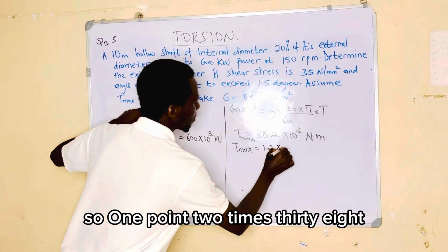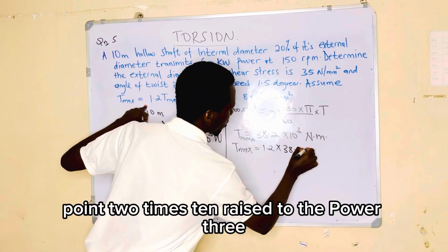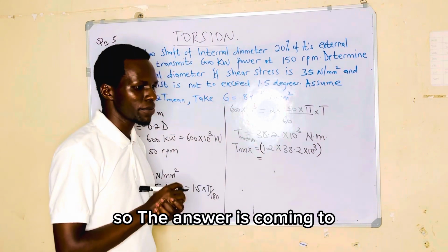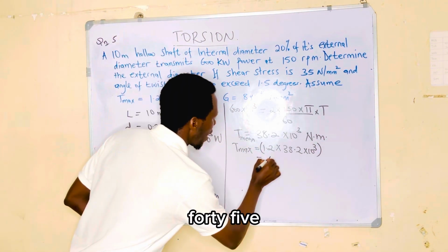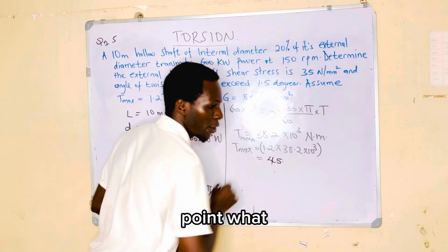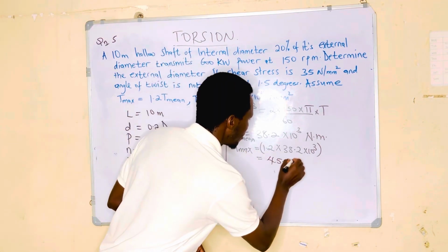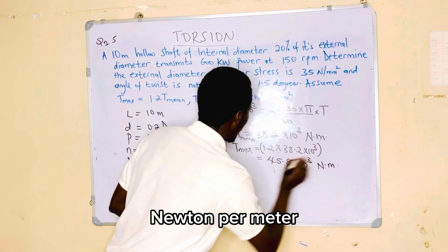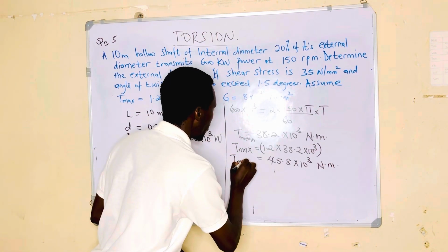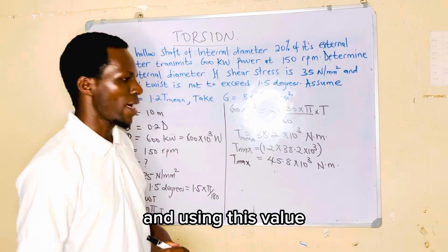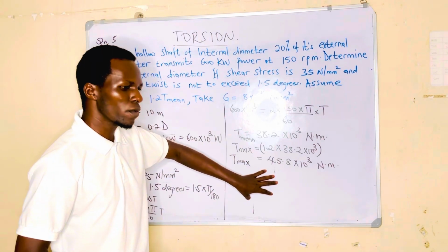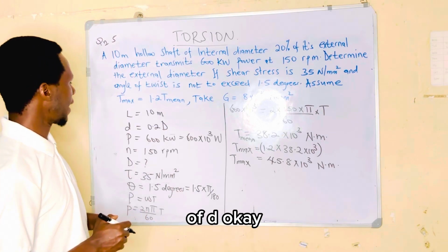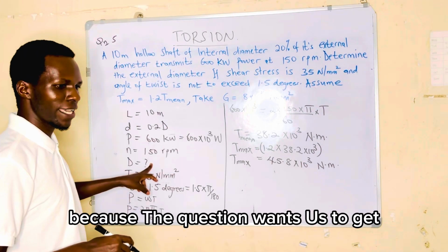So 1.2 times 38.2 times 10 raised to the power 3, and the answer comes to 45.8 times 10 raised to the power 3 Newton meter. This is the value of T maximum, and using this value, we can now proceed to get the value of D, because the question wants us to get D.